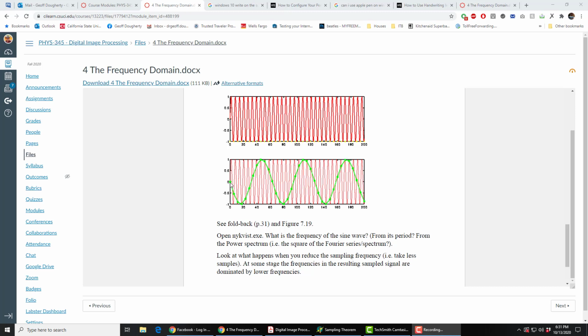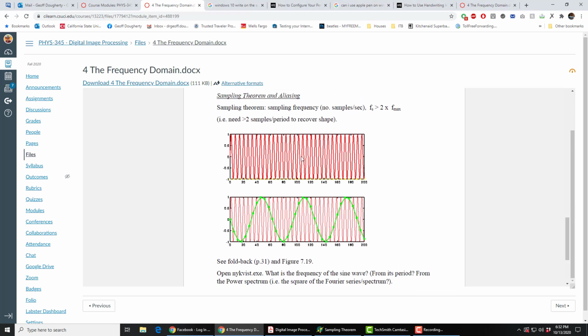And then the question is, how many samples should you take, or how frequently should you take them? And the answer we mentioned before is you need to take at least 2 samples per period of the wave that you're sampling in order to recover that wave when you do the reconstruction. At least 2. 2's the absolute minimum.